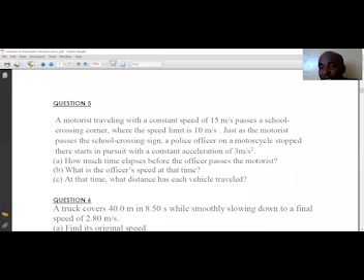Just as the motorist passes the school crossing corner, a police officer on a motorcycle, stopped at the corner, starts in pursuit with a constant acceleration of 3 meters per second squared. A, how much time elapses before the officer passes the motorist? B, what is the officer's speed at that point?